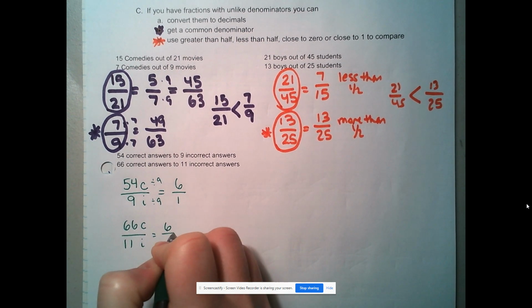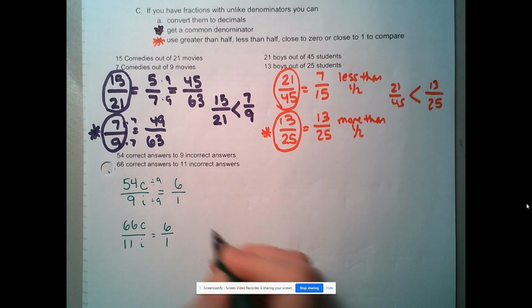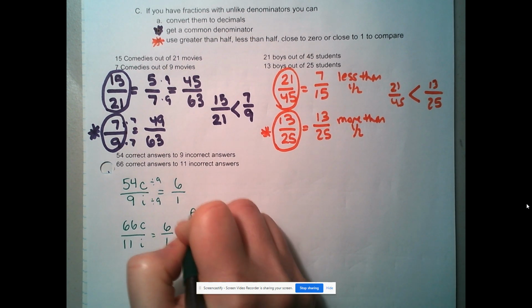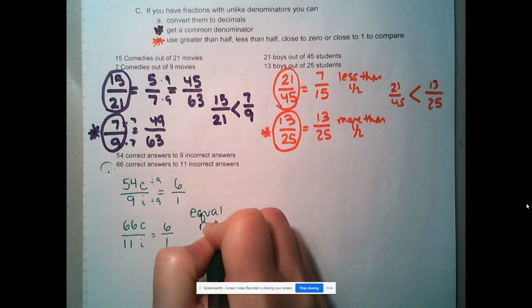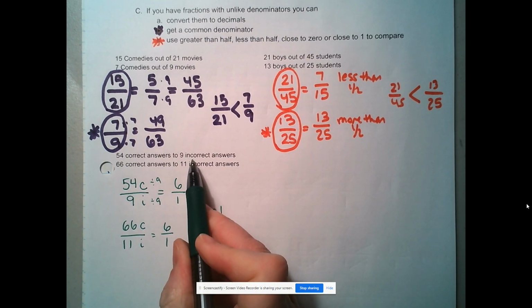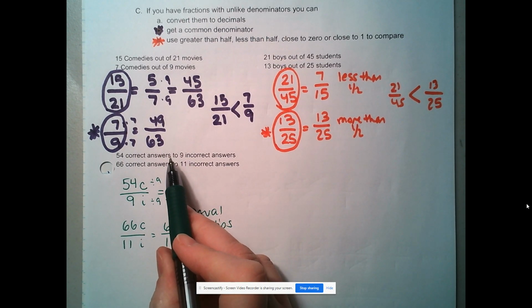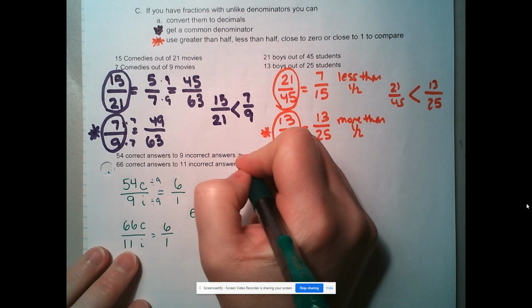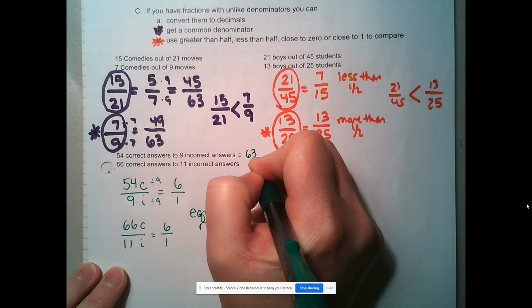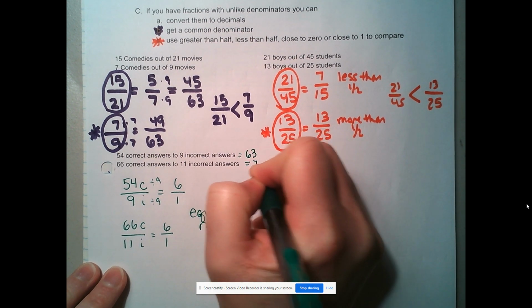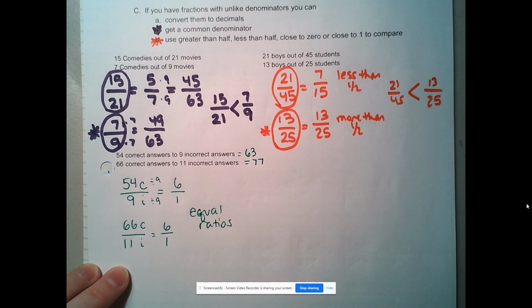They also had a 6-to-1 ratio. So these two people had equal ratios. Even though the first person had fewer questions on their test, a total of 63 questions, and the second person did a total of 77 questions, they had a matching ratio. So that's kind of neat. That happens every once in a while.